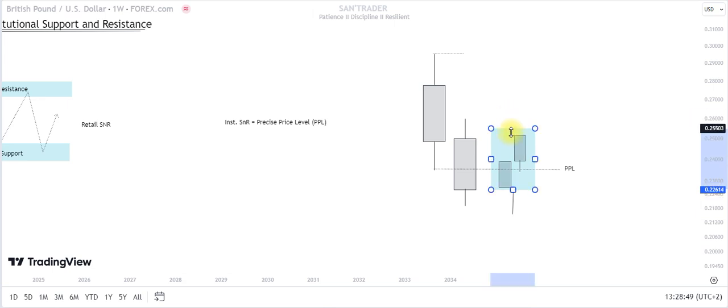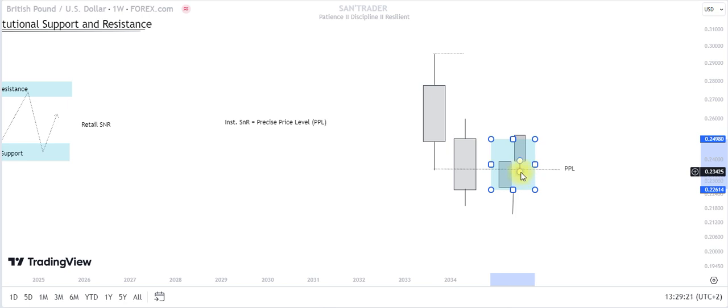When you get a close above this, we are expecting this level to balance price. So on H4, price will open, hit this zone, then go up. Remember, this weekly candle is still active, right?